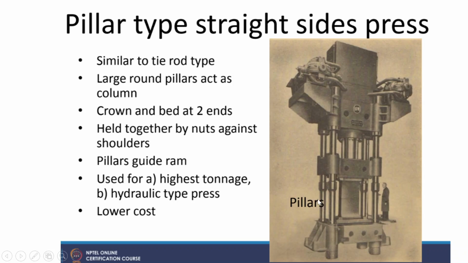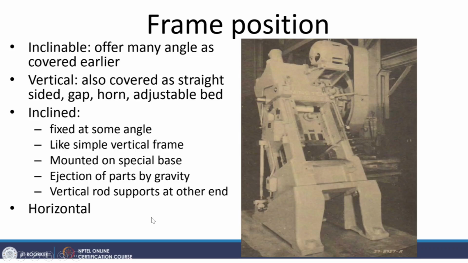You will have the bed at the lower side and the crown at the opposite side, and these are held together by nuts against the shoulders. The pillars guide the ram, and it is used for highest tonnage and hydraulic type of press, and these have lower cost.